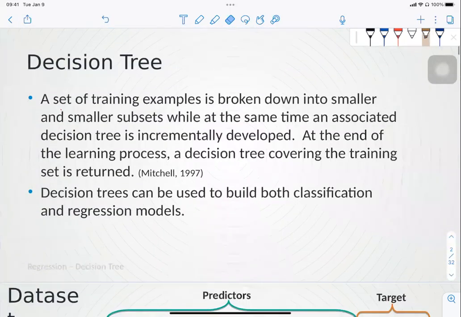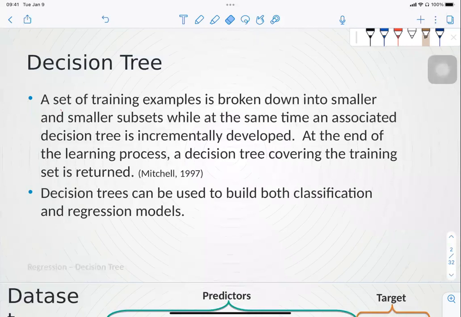The best definition, as given by the professor, is that a decision tree is built from a set of training examples. A set of training examples is broken down into smaller and smaller subsets, while at the same time an associated decision tree is incrementally developed. So basically the idea is we have a root node, and then we get smaller and smaller subsets of the root node, and we further divide it into smaller and smaller subsets to find the correct decision.